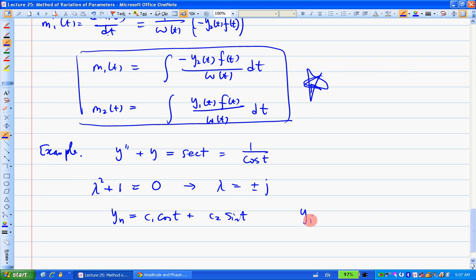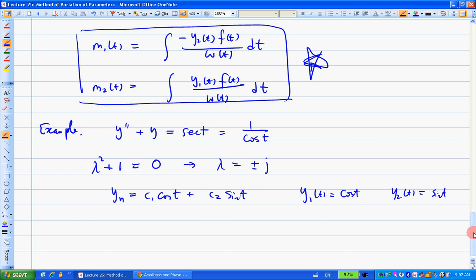So what is my y1 here, and what is my y2 here? y1 is cos t, y2 is sin t. That's another essential skill. You're all getting comfortable with writing down the general solution for the homogeneous equation, but you should also remember what's behind it. There are two linearly independent solutions, one is y1, one is y2.